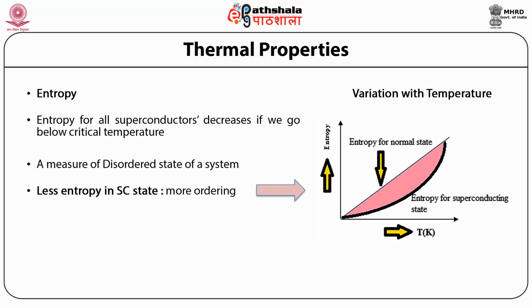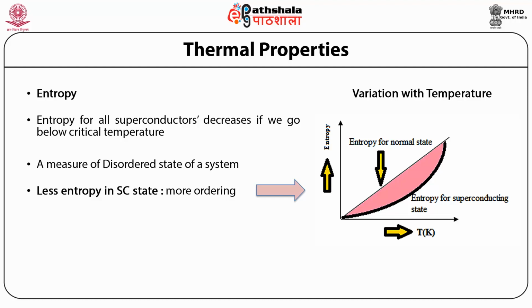If we see the graphical variation of entropy with temperature, in the normal state there is a linear relationship: if we increase the temperature, entropy linearly increases. Whereas in the superconducting state there is clearly different behavior.